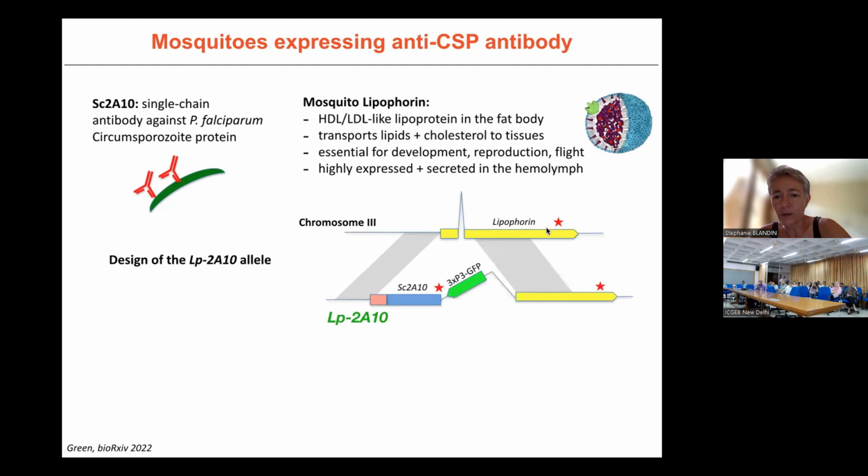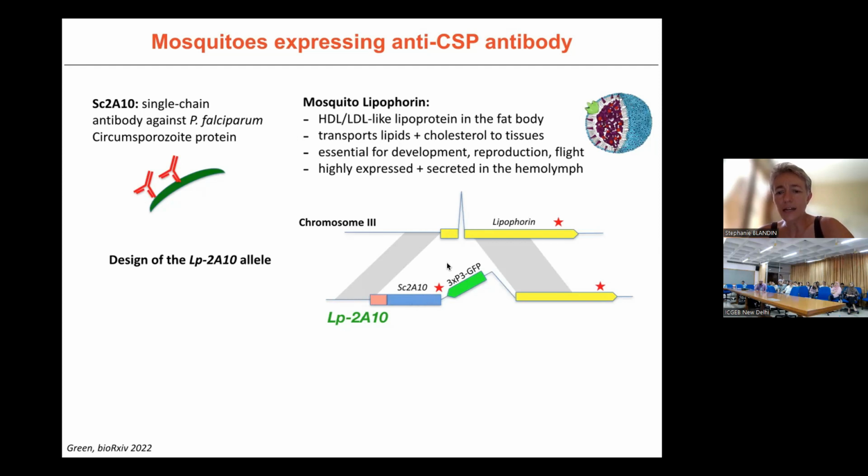So the design is the following. This is the lipophorin gene here on a regular wild-type chromosome. And what Eric Marois in the lab has designed is this specific allele, where basically he recoded the signal peptide and inserted the antibody called 2A10. I will call it the 2A10 antibody in the following part of my talk.